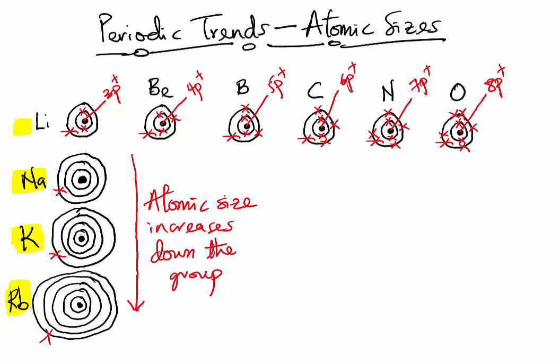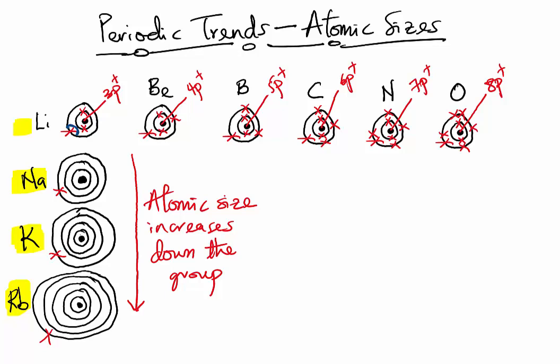The protons inside the nucleus of lithium will be pulling the electrons outside the nucleus toward themselves, because the law of nature says that unlike charges should attract. So in lithium, 3 protons will be pulling on this single electron outside the nucleus.